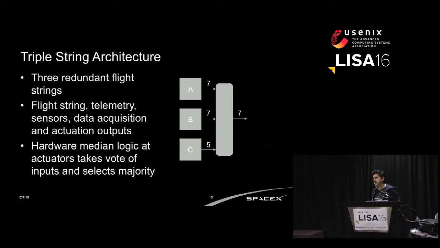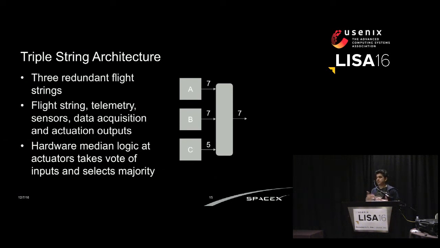SpaceX does not fly radiation-hardened avionics. They fly radiation-tolerant avionics, and the difference is that our flight computers can take a radiation hit and may reset, as opposed to a radiation-hardened system that should be able to take a hit without impact to its function.